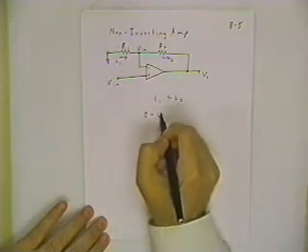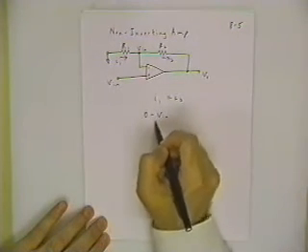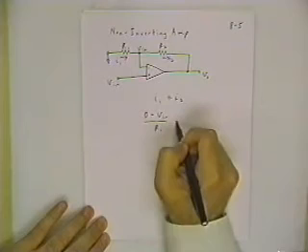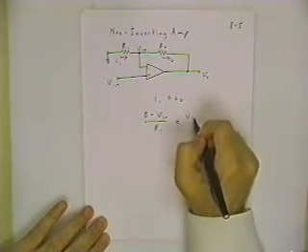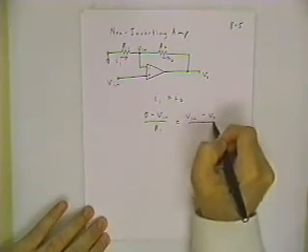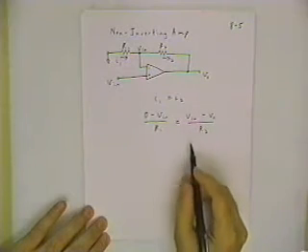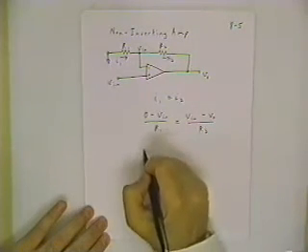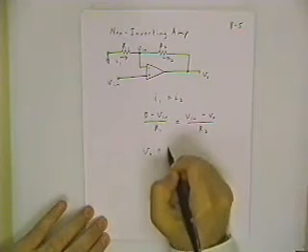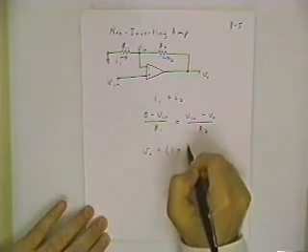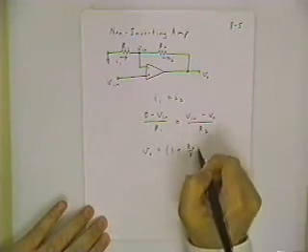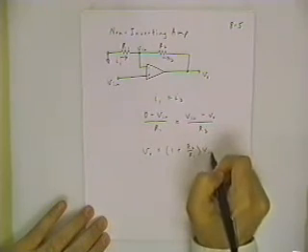So I can write 0 minus Vn divided by R1 equals Vn minus Vout divided by R2. And now when I collect my terms and rewrite this, Vout equals 1 plus R2 over R1 times Vn.